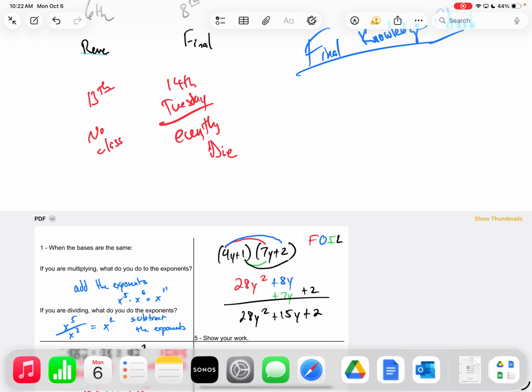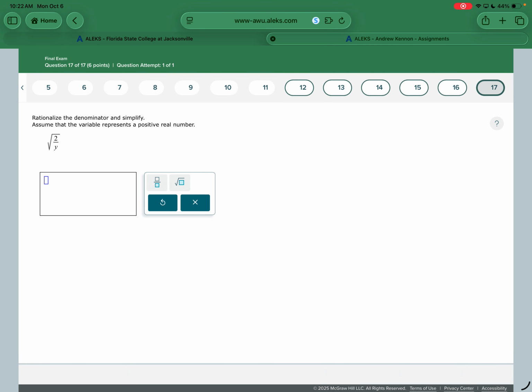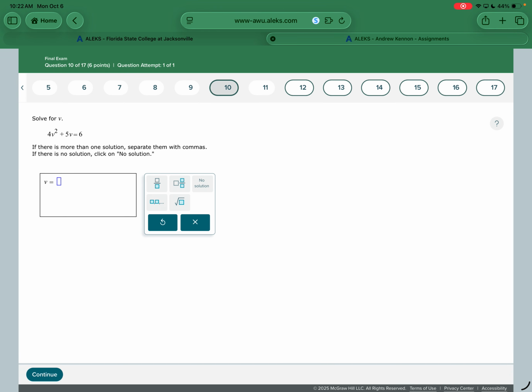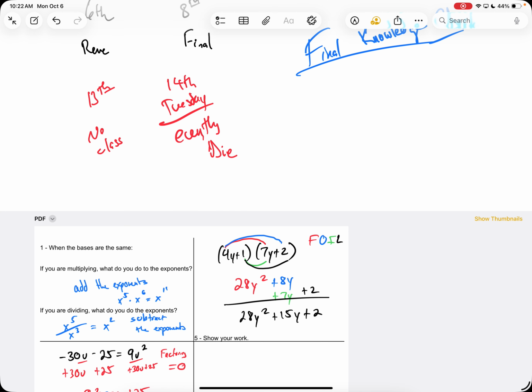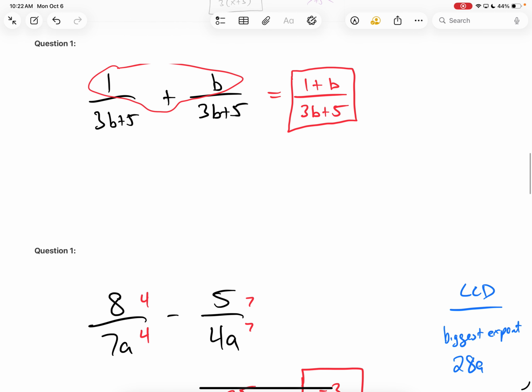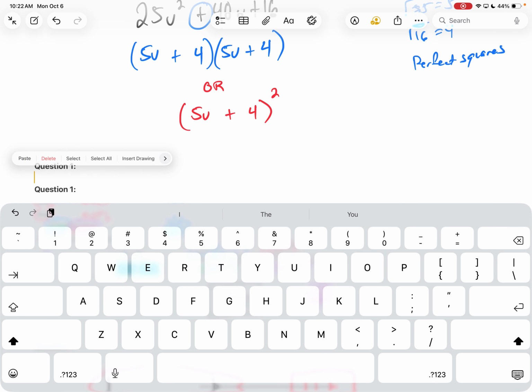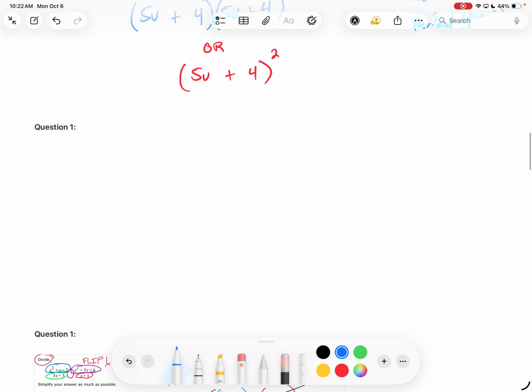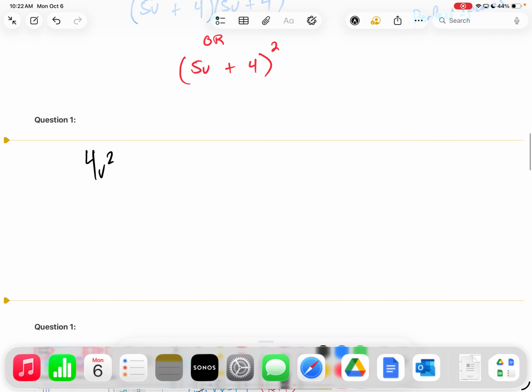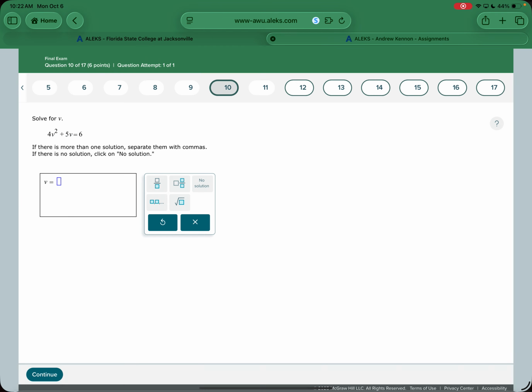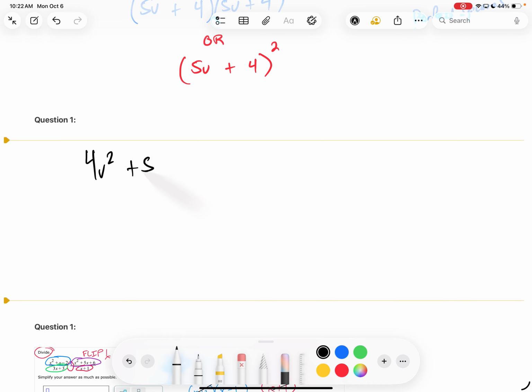Now, before I stop real quick, I want to go back to number 10 because I feel like we got an easy one there. Yes, we did. 4v squared plus 5v equals 6.